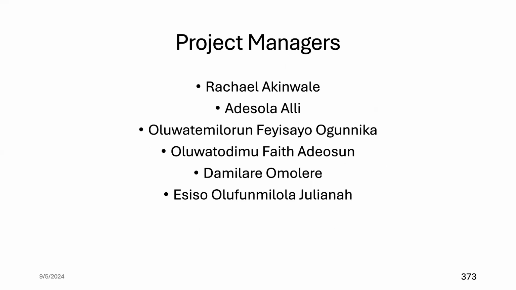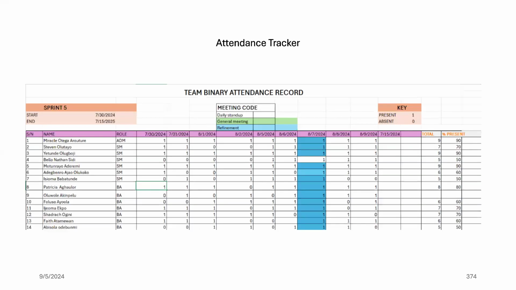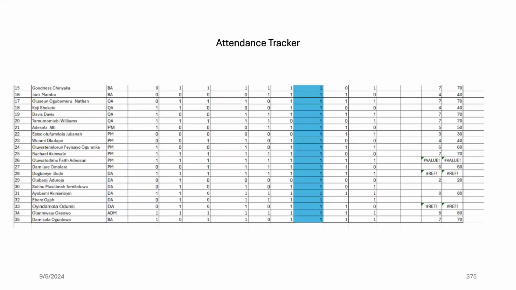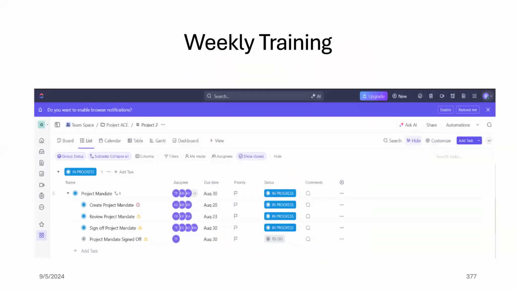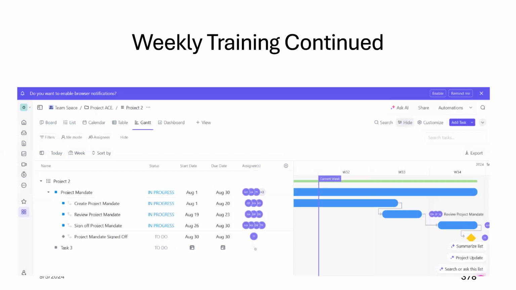So these are the names of the team members of the project managers. This is their attendance tracker, more of the attendance tracker. Activity attendance charts. So, weekly training, a screenshot of the weekly training.